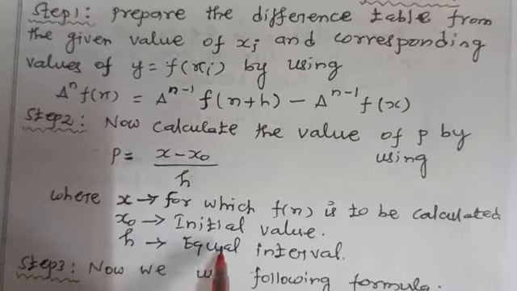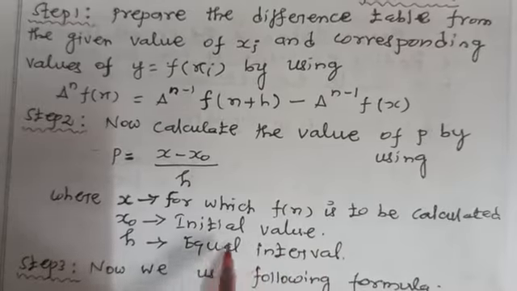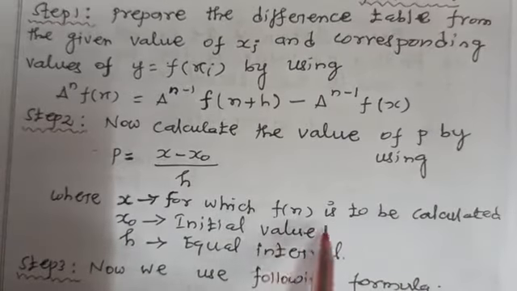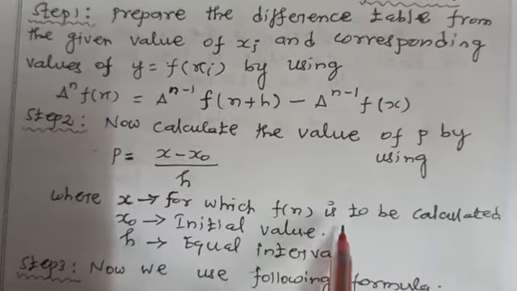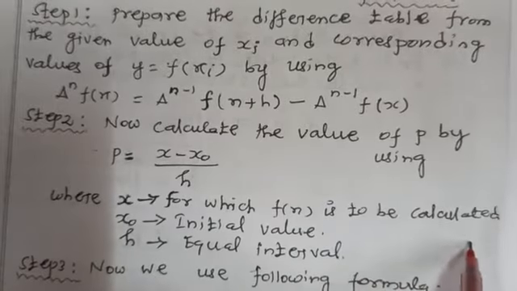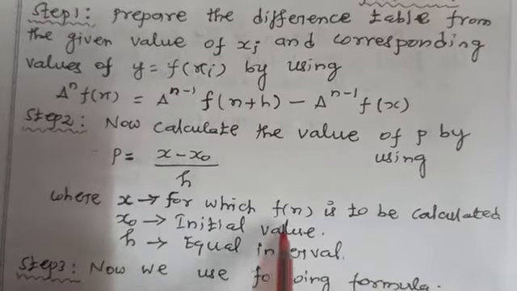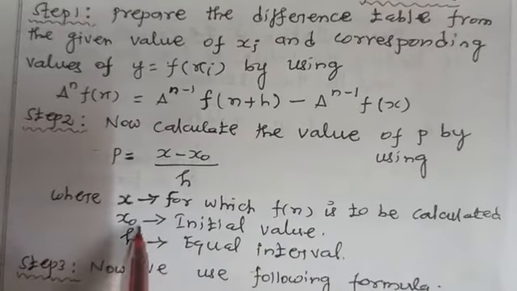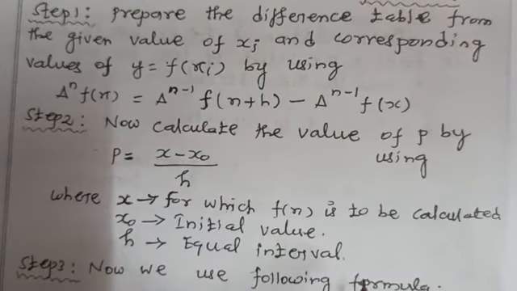H is the equal interval between two values, x0 to x1 or x1 to x2, up to xn. That difference is called h.